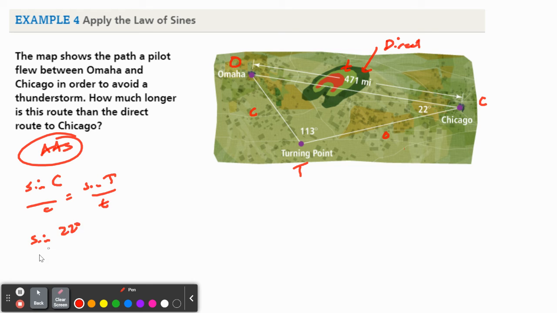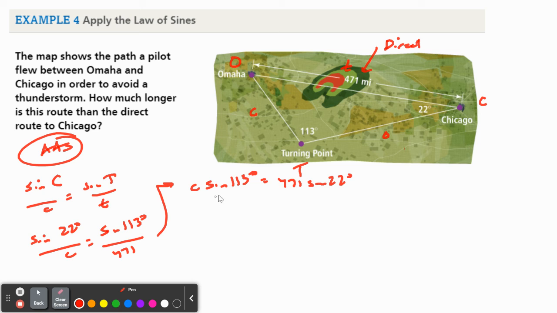Sine of 22 degrees over c equals sine of 113 degrees over 471. We're going to cross multiply: c sine of 113 equals 471 sine of 22 degrees, and then divide by the sine of 113 degrees. Type that in Desmos and we'll get an answer for c.